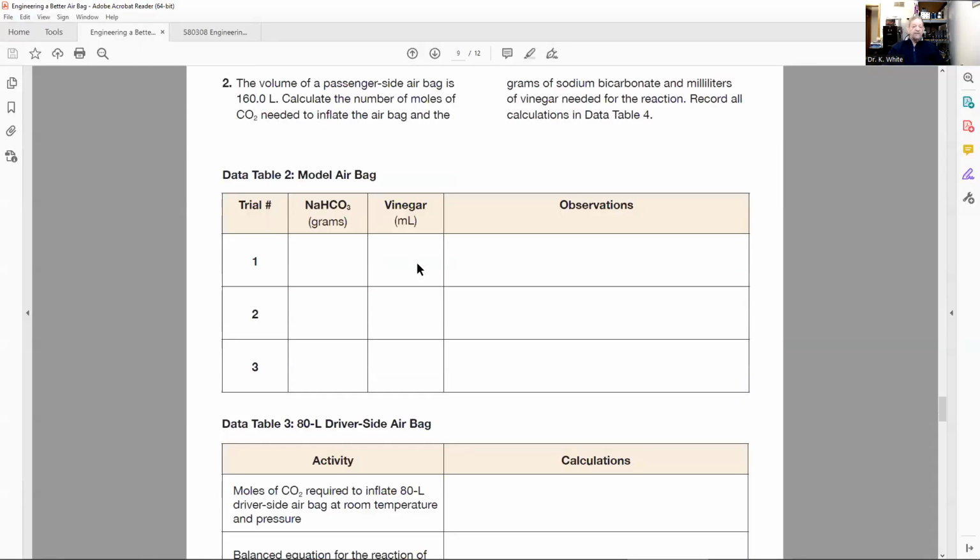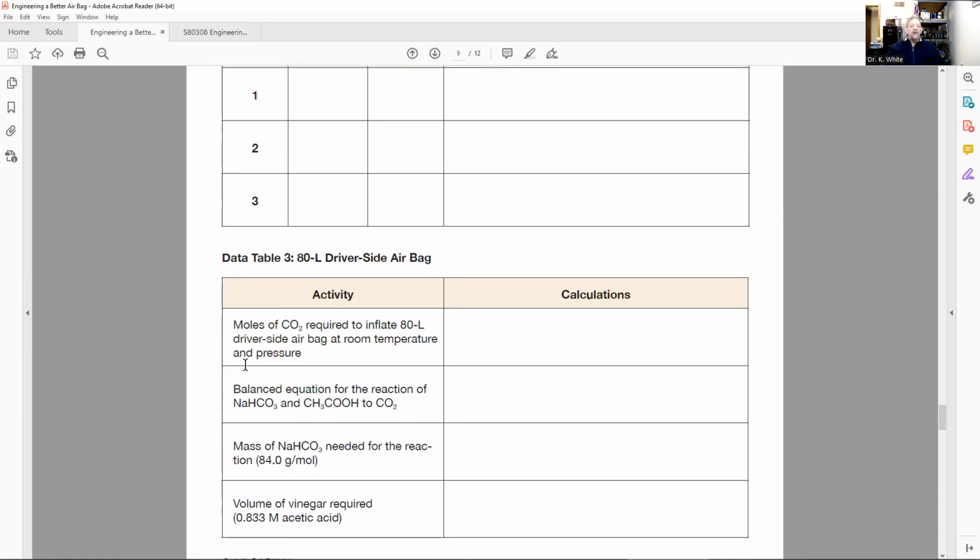Now in table 2, from activity 2 for the 3 different bags, you'll record the grams of sodium bicarbonate and milliliters of vinegar you used. Observation: which bag had the greatest inflation or filling of CO2, the least, and so on.